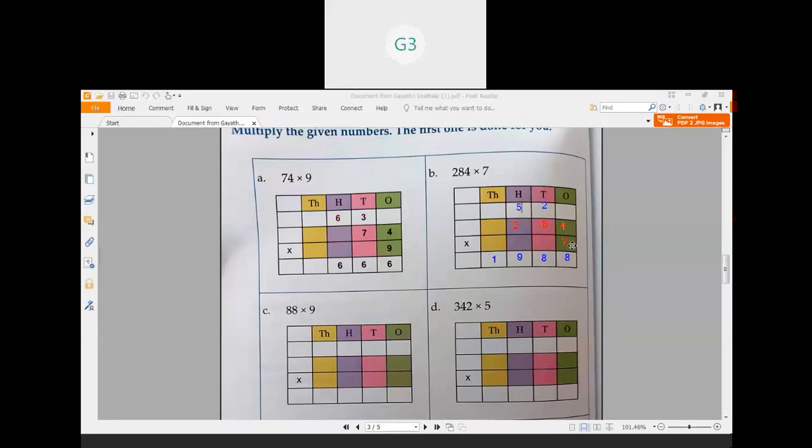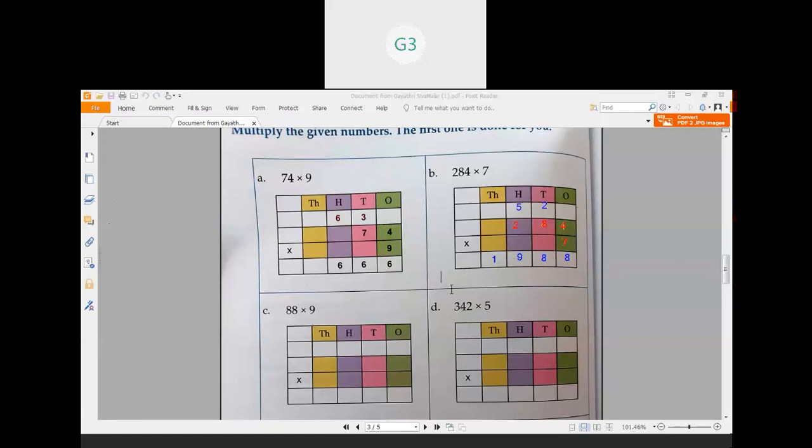Finally, what is the last step in this? So the 7 multiplied by 2. 7 2s are 14. 14 plus 5, 19. So finally the answer is? Okay.